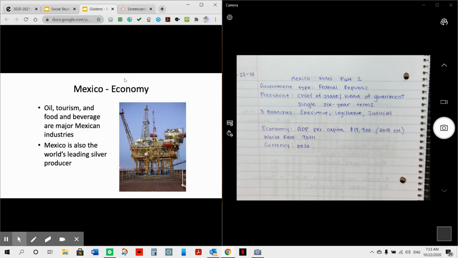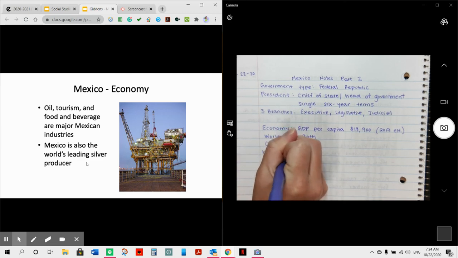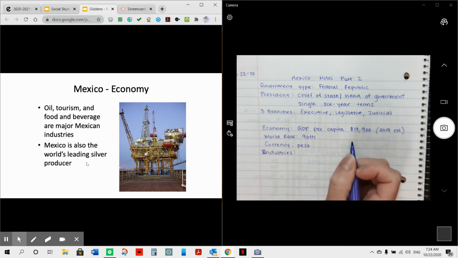Okay, next, economy. Oil, tourism, and food and beverage are major Mexican industries. Mexico is also the world's leading silver producer. So we're going to write industries. Oops. This is a capital I. Industries.